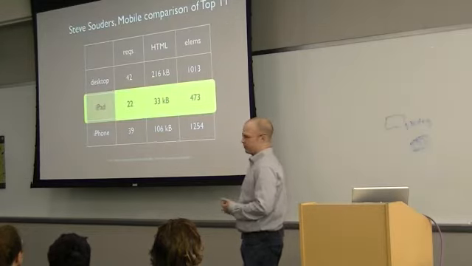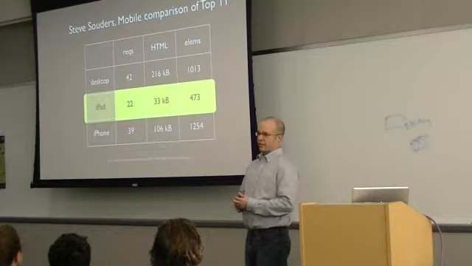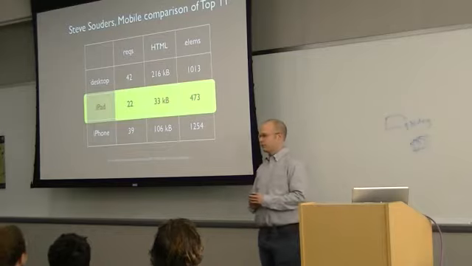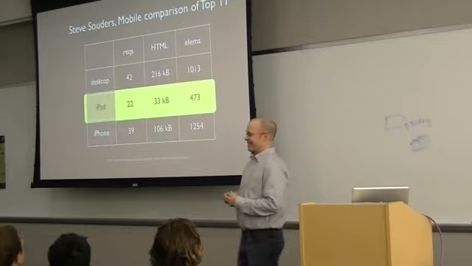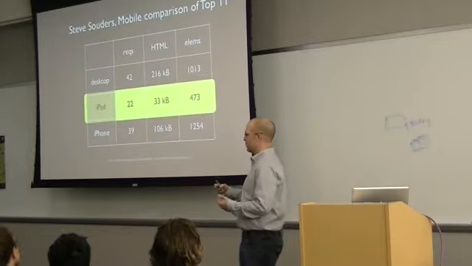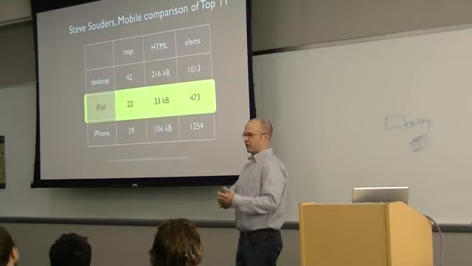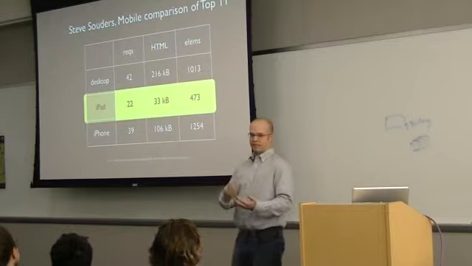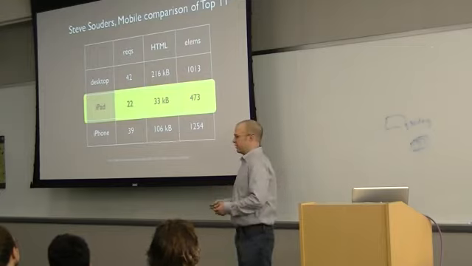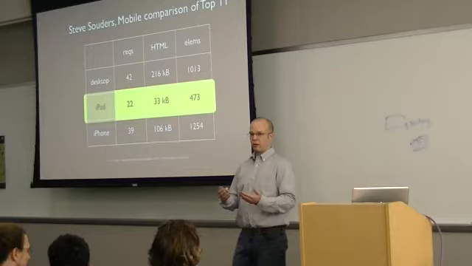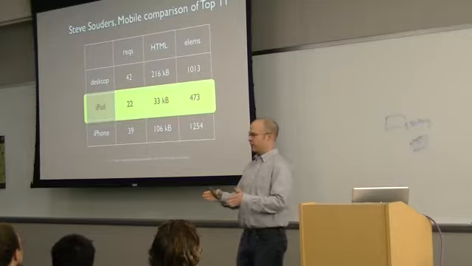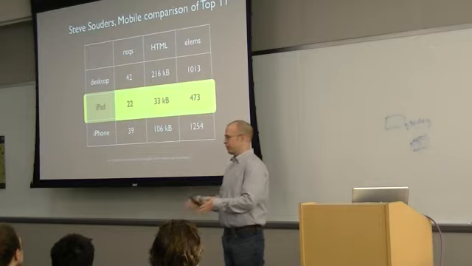Now, simple matters. Steve Souders last year jumped over to mobile performance. When he did that, one of the first things he did was take a set of bookmarklets out there and browse the top 11 sites on the internet that have iPad, desktop, and iPhone versions. Now, when we built the iPad version, we were lucky. We had one beefy page to build that didn't have to share a lot of resources with our desktop version or the iPhone version.